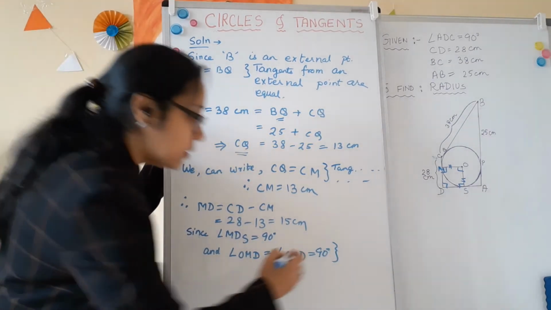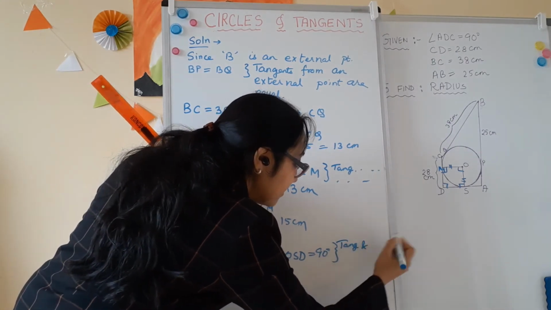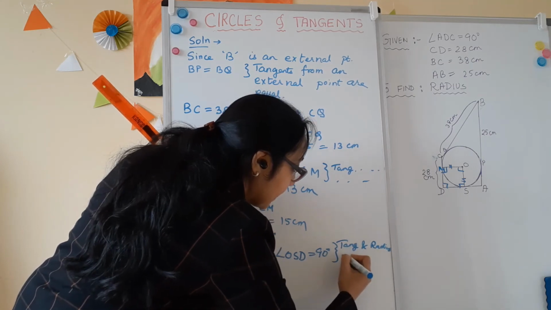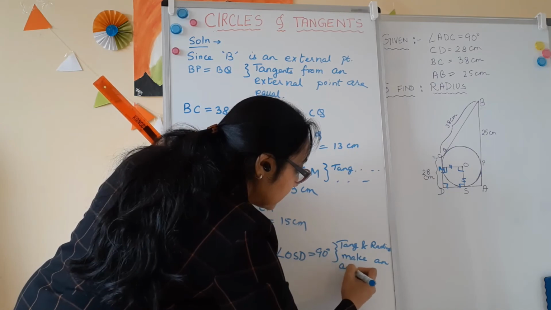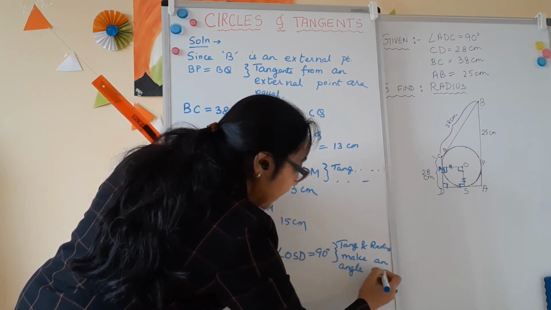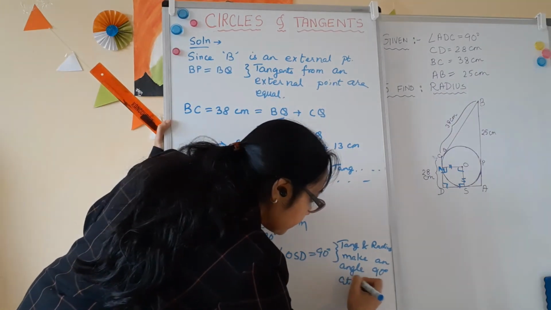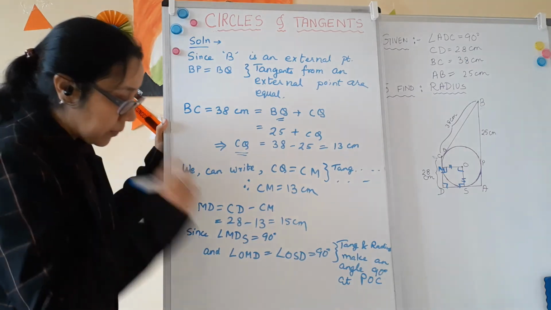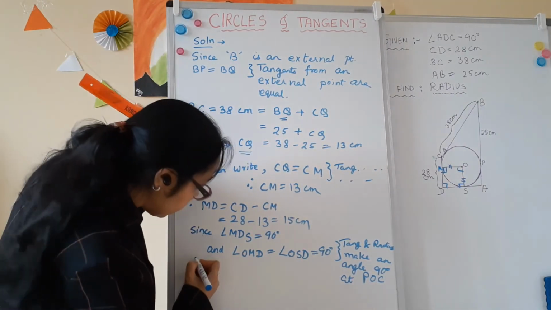Reason: tangents and radius make an angle 90 degree at the point of contact. So write it down, at point of contact, POC. At the point of contact the angle is 90 degree.